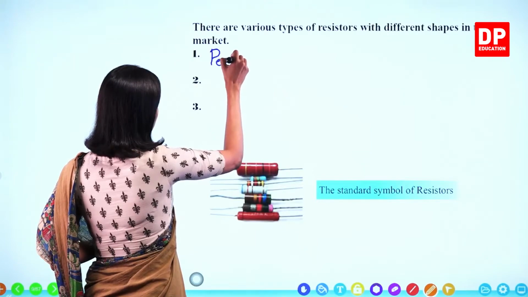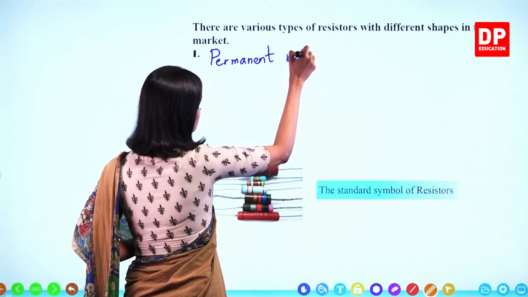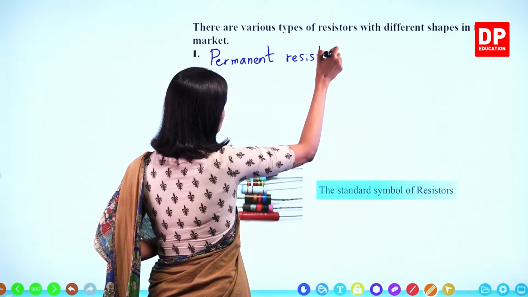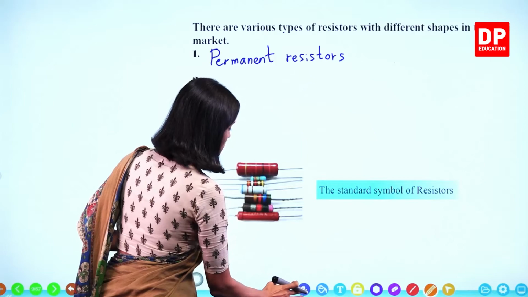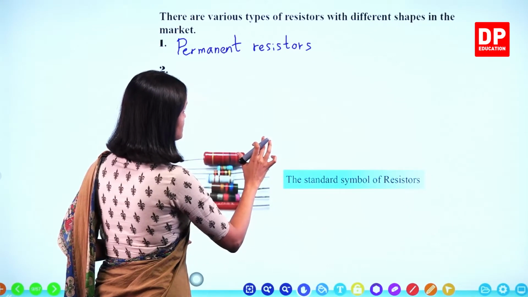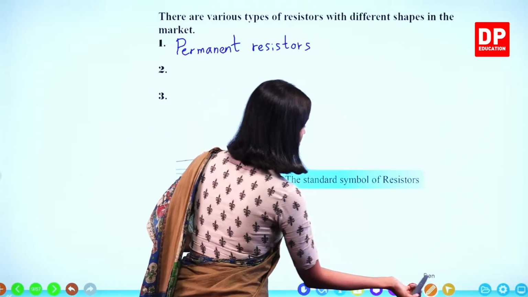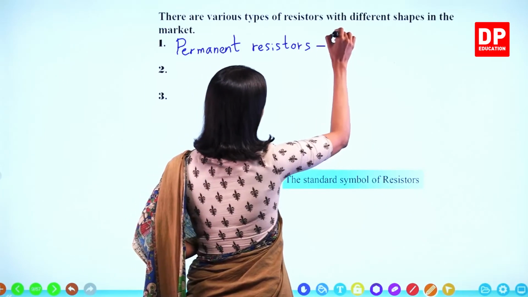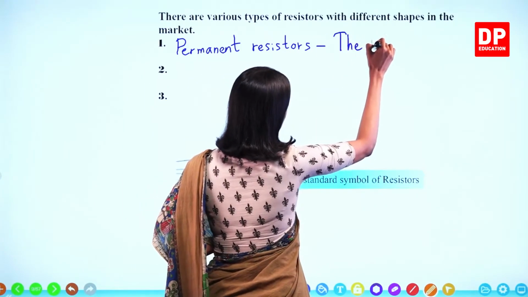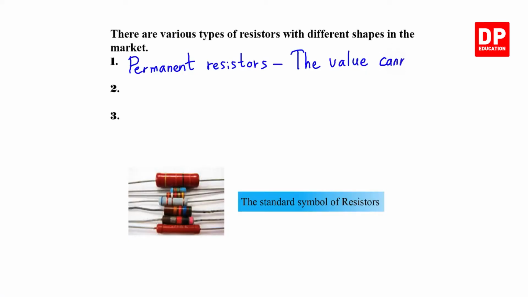Permanent resistors. So the permanent resistors means you can't change the value of the resistor. It is a fixed value. These type of permanent resistors we use for the previous activity. The value cannot be changed.